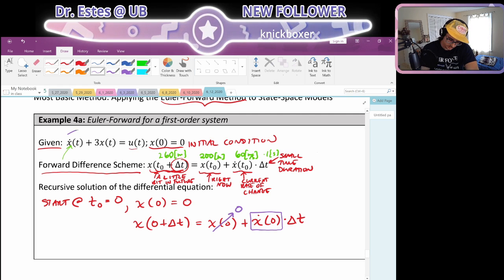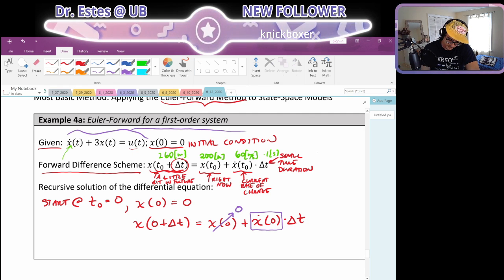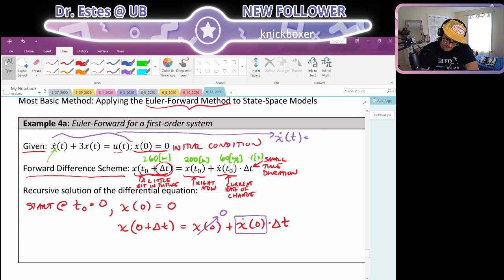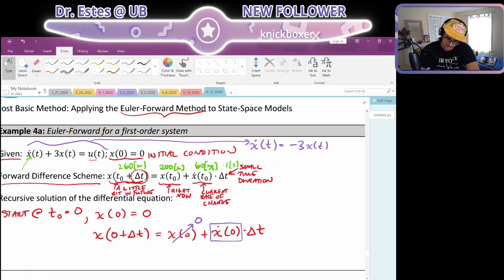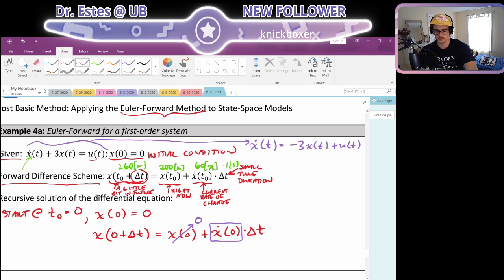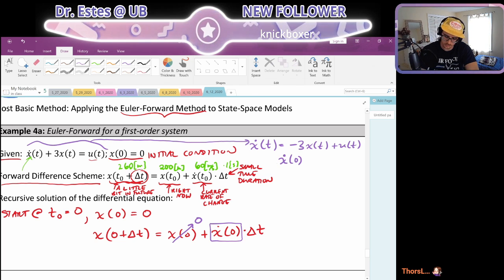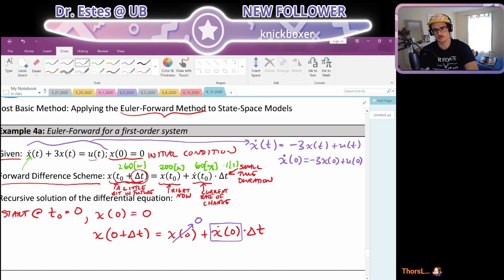So if I take this, x dot of t is equal to minus 3 x of t plus u of t. That would imply that my rate of change at time equals 0 is minus 3 times x at 0 plus whatever my input is at 0.